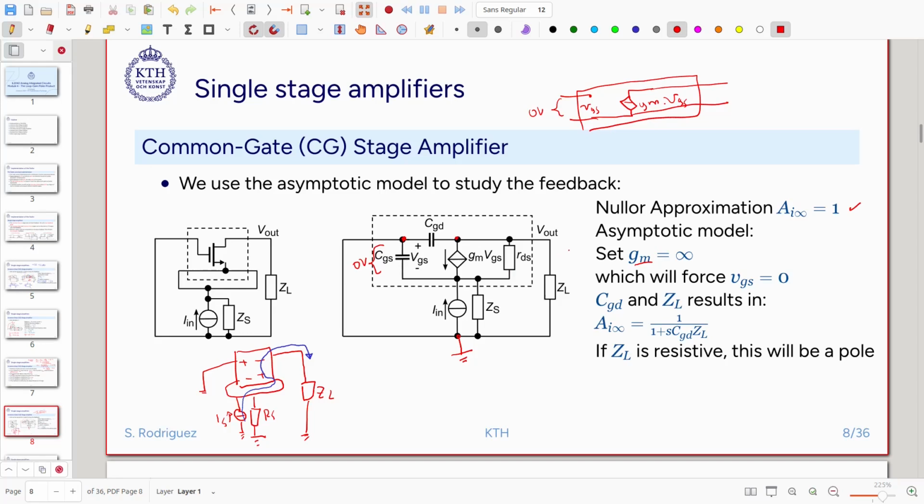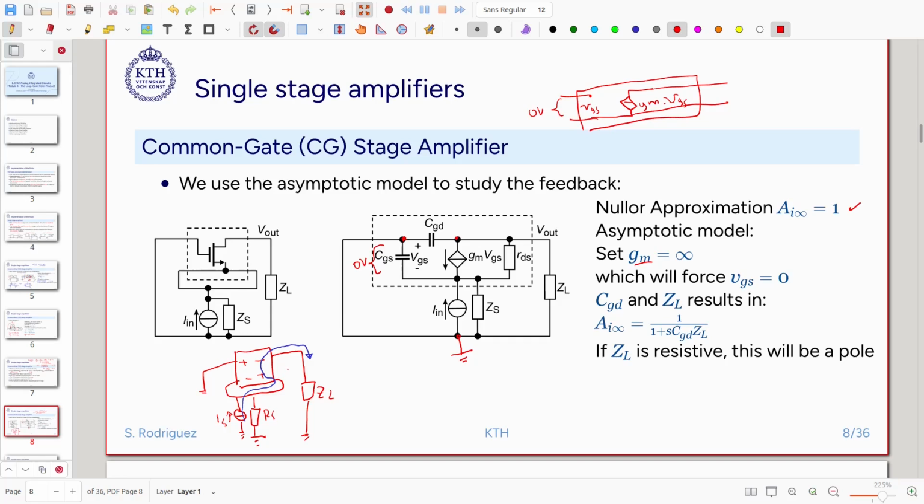Assuming that we have an infinite transconductance, the output of my amplifier approaches the nuller that has an extremely high output impedance. So this is basically a current buffer.